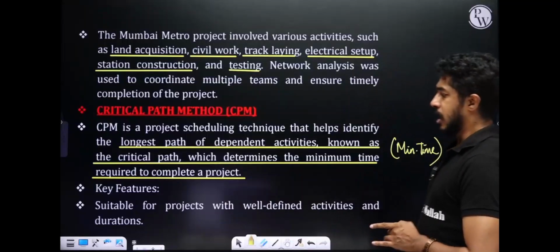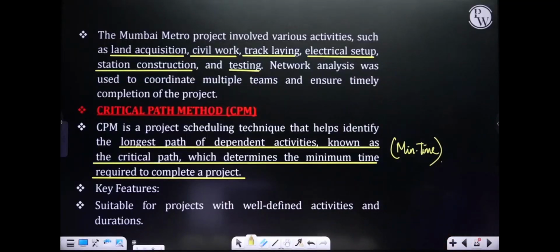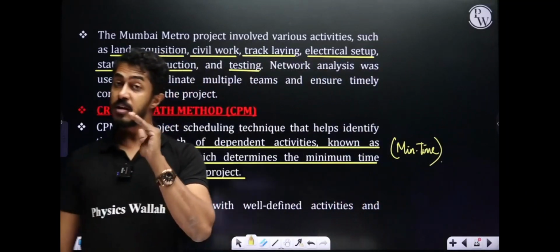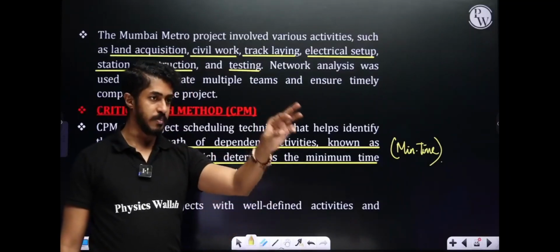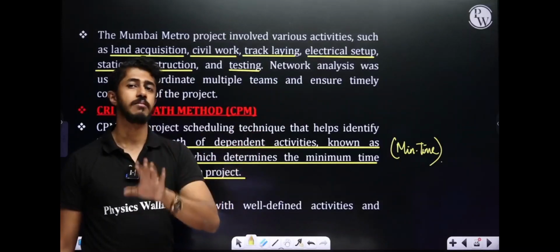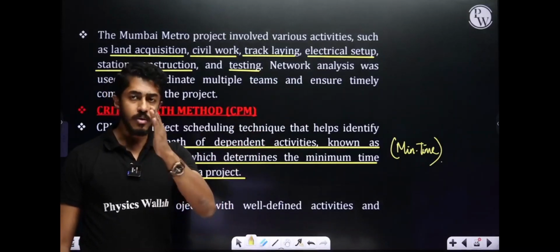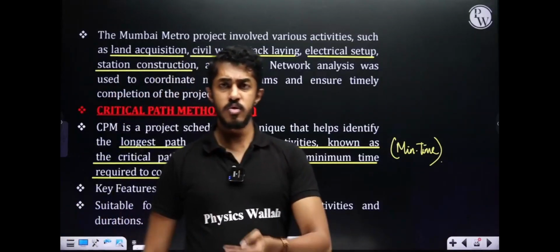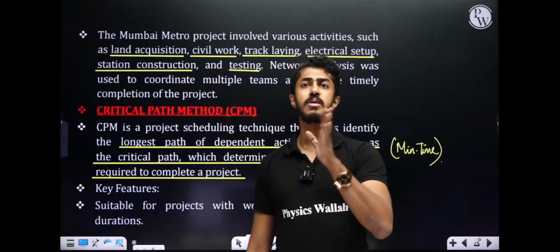Key features: suitable for projects with well-defined activities and durations. Everything is well-defined. That means we know this project will take this much amount of time, and this will take this much amount of time. We know each activity, each stage, how much time it will take. Can I use HAL's example here? Absolutely not.